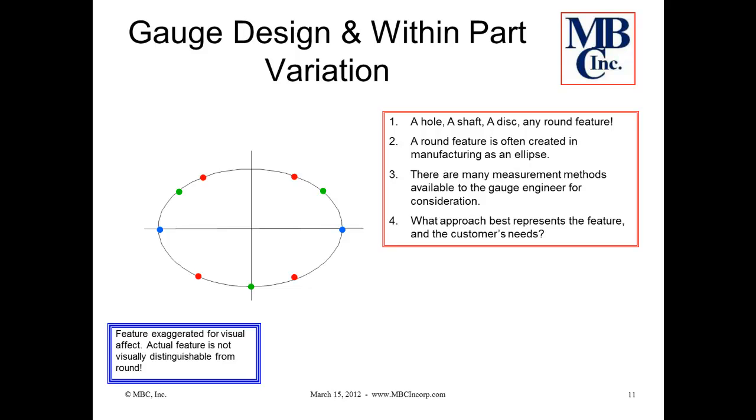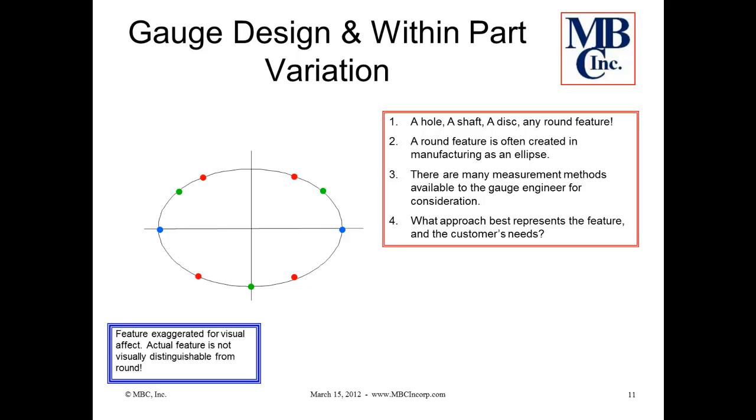We want to, in this example, look at measuring the diameter of a round feature. Whether this is a hole, a shaft, a disc, it's irrelevant. In our drawing, it's been exaggerated for visual display. In reality, it would probably not be visually distinguishable that it was not round.